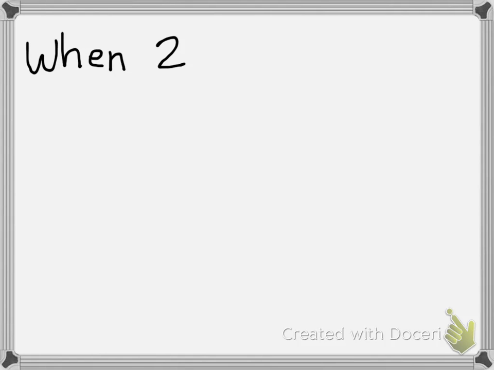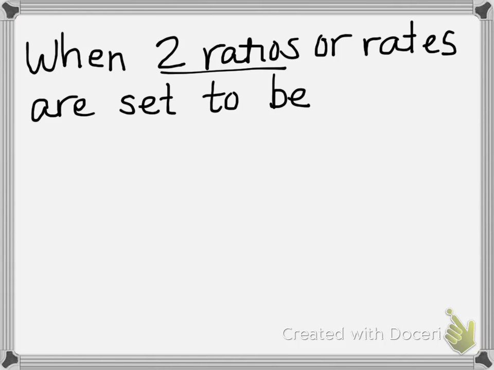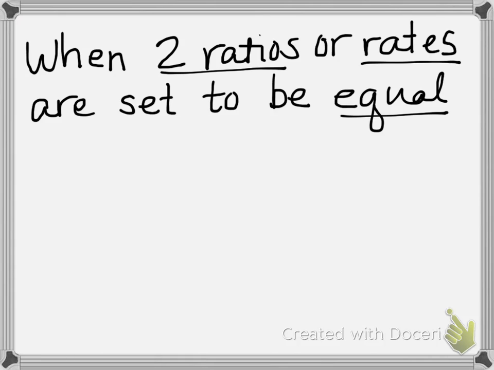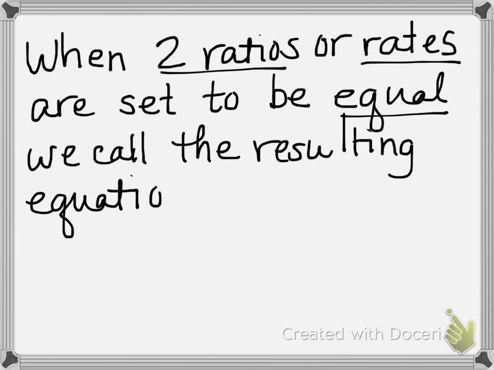When two ratios or rates are set to be equal, so you have two ratios or two rates, and you set them to be equal with an equal sign, we call the resulting equation, and remember, if we have an equal sign between two things, that's an equation, we call that resulting equation a proportion.